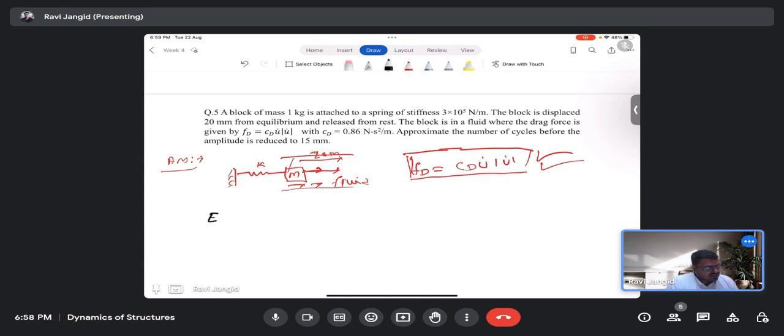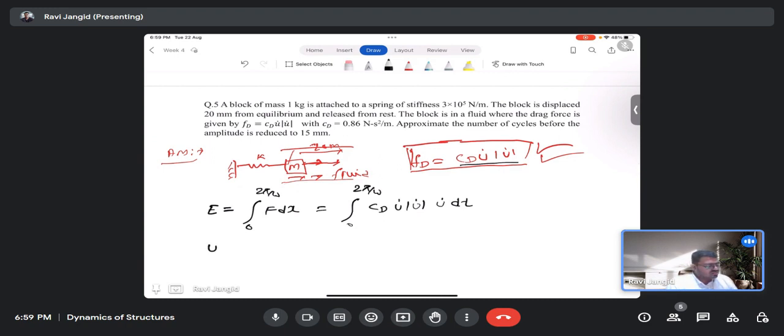So E is given by, as we discussed, the integral from 0 to 2 pi by omega of F dx. F is given by Cd into u dot into u dot, and dx we can also write as u dot dt. And u we write as u naught sine omega t, so u dot will become u naught omega cos omega t.